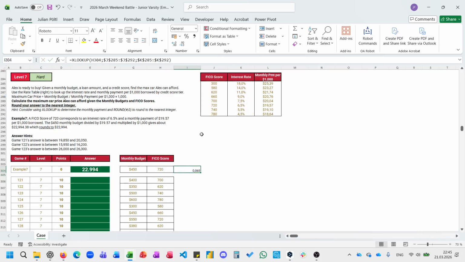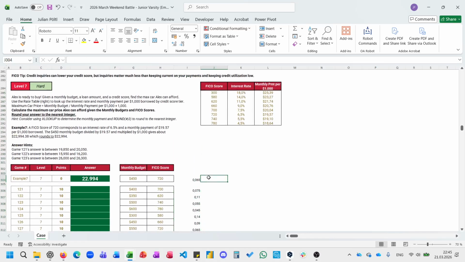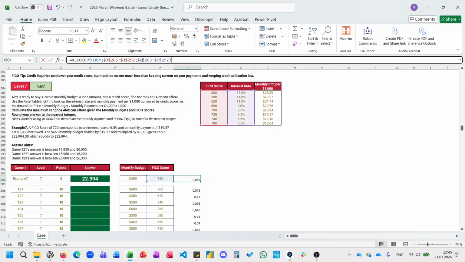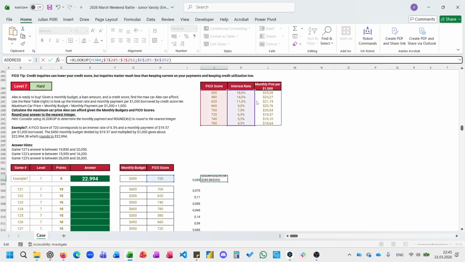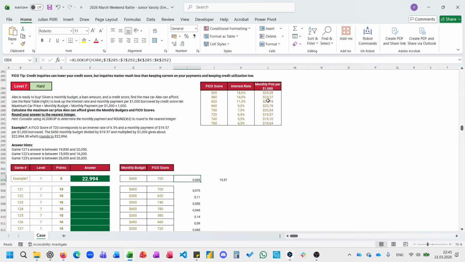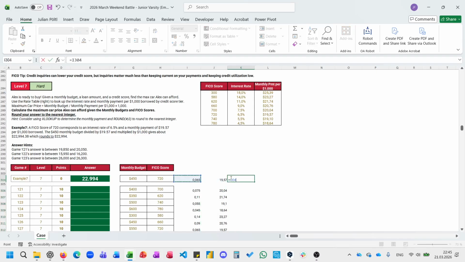Anyways, no #N/A there. Interest rate is given. Monthly payment is also given. 450 divided by payment.